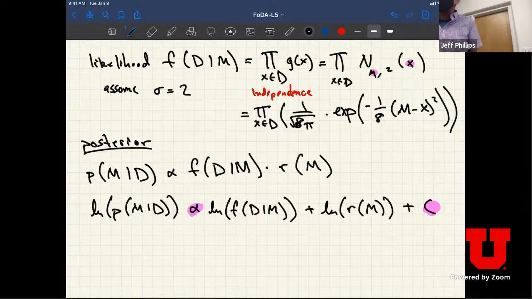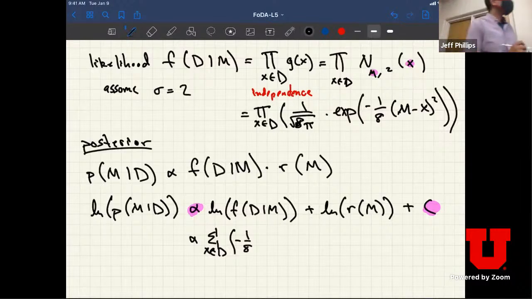I'm just going to keep it there to keep everything on the level. Okay, so let's try and write this out now. Because I've done this log transform, I can skip a bunch of steps here. This is a log of a product, and I can turn that into a sum over the data, right? And each term inside the sum is minus 1/8. I'm also going to push that log transform through the exponent.